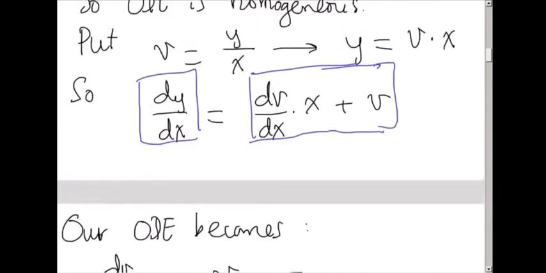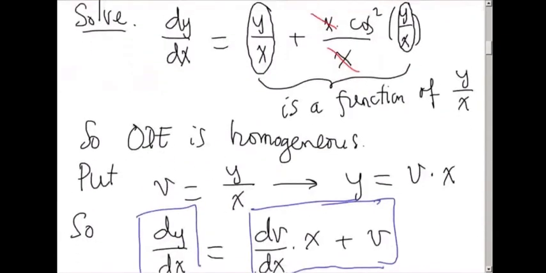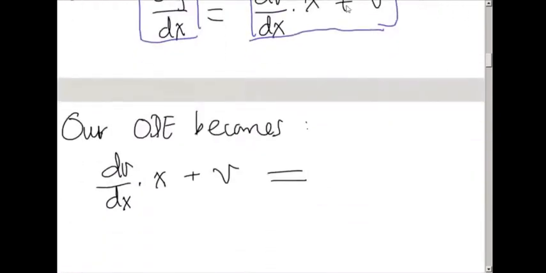And on the right-hand side, as I already mentioned, whenever we have y over x, we should replace it by v. So the right-hand side is v plus cosine squared of v.